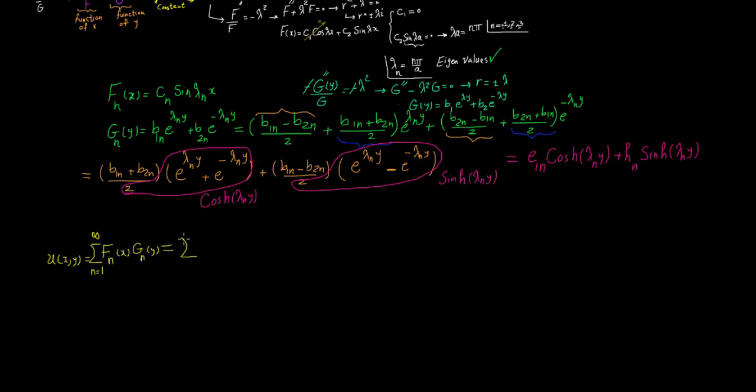So we have the summation from 1 to infinity of f sub n, which is c sub n times sine of lambda n, but we have found the lambda n earlier. It is n pi over a times x, and the second term is g sub n of y.